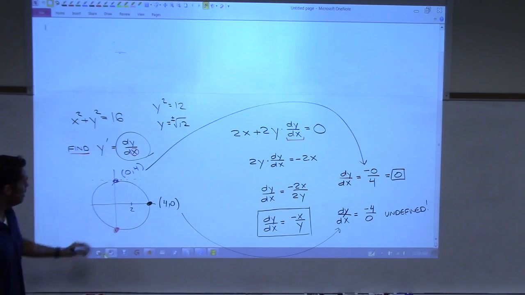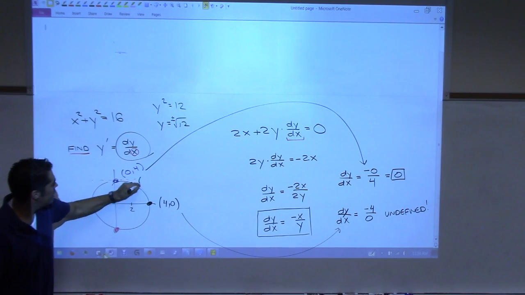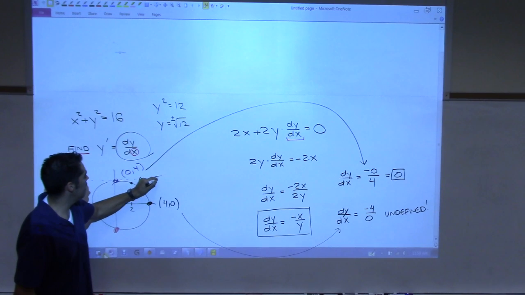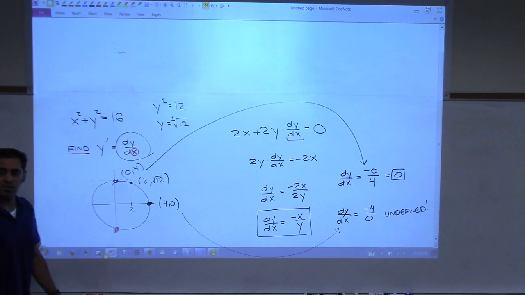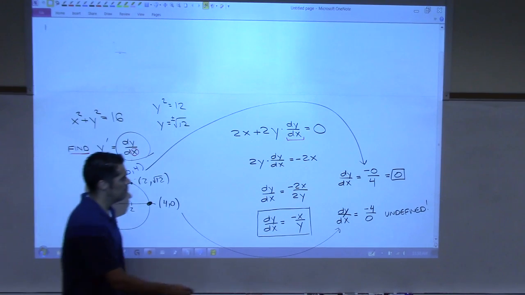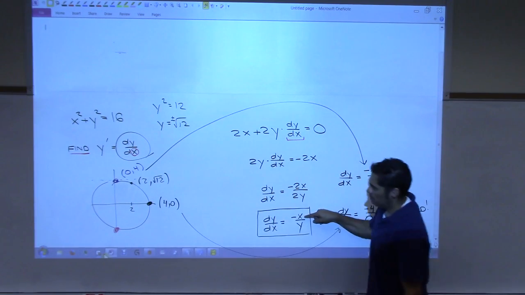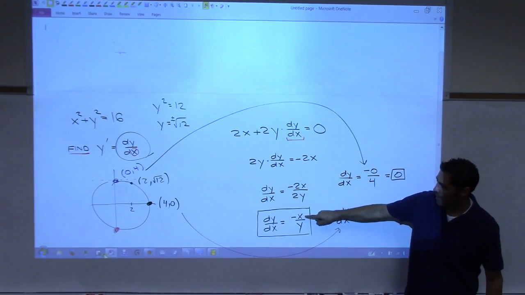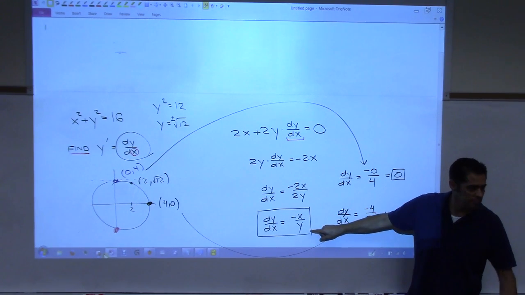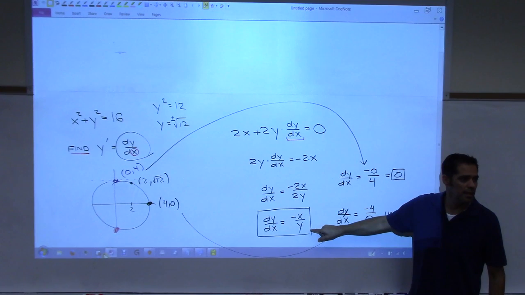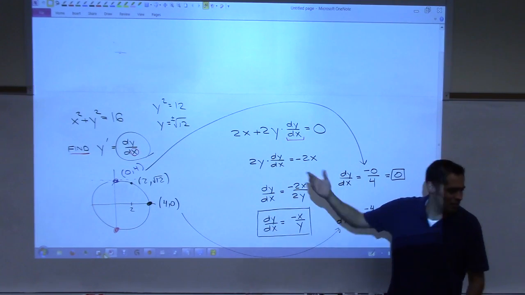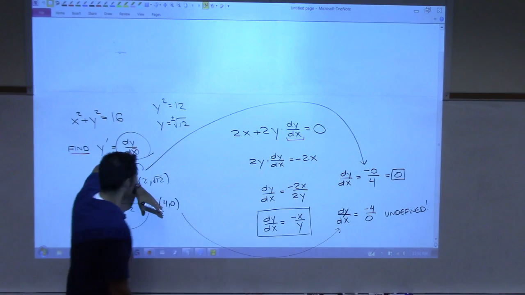So this is the point right here, x equals 2, and the one on top is the positive root 12. The slope of the tangent line at this point is going to be negative 2 over root 12. That's the slope of the tangent line there, and it's negative, isn't it? And it looks like it is going to be negative.